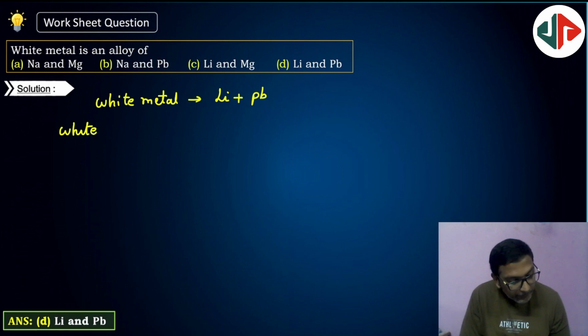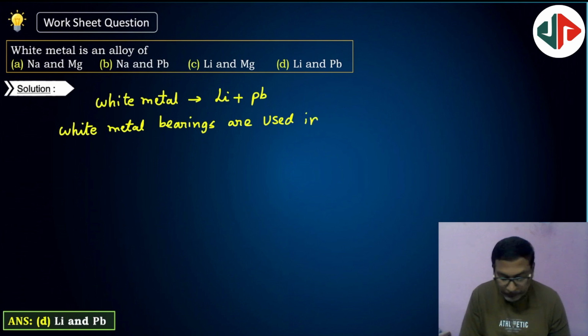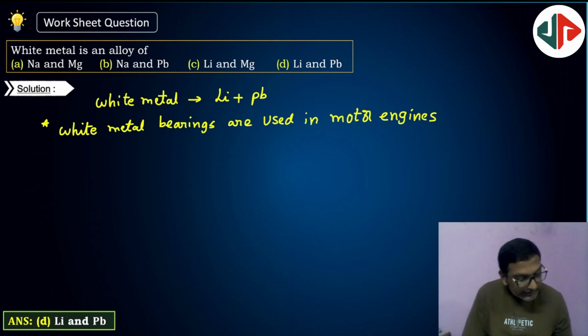White metal bearings are used in motor engines. Very, very important. So option D. Lithium and lead. Used in preparation of bearings, which are used in motor engines.